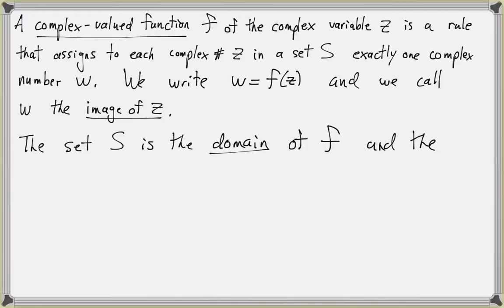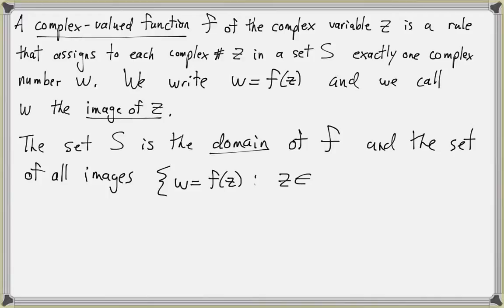And the set of all possible images, so that is the set of all w equal to f of z such that z is an element of the domain of f, is called the range of f.